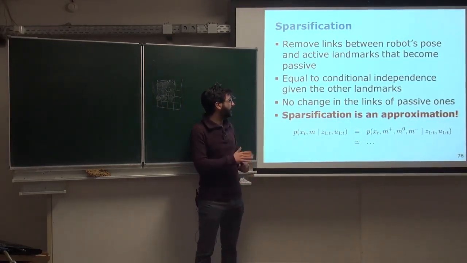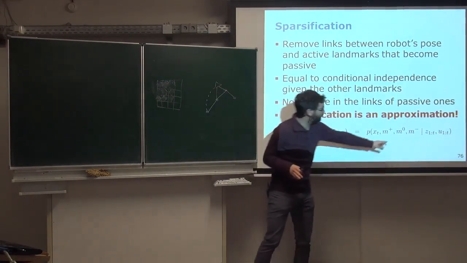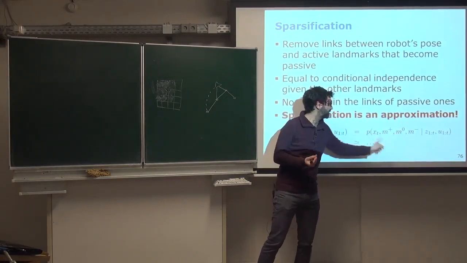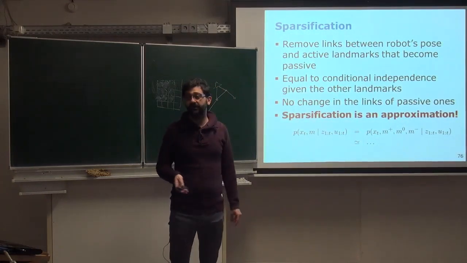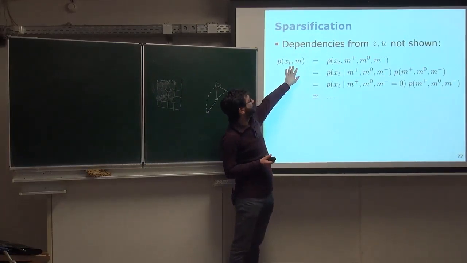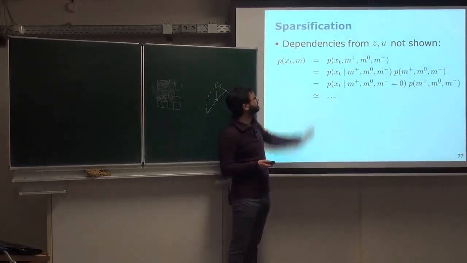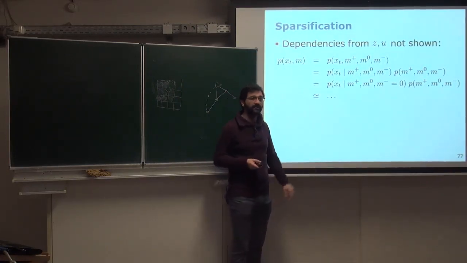There is an approximation that we use, and the concept is we try to enforce conditional independence between these landmarks and the robot pose. If you now see how this influences our distribution, this is our joint distribution, so the pose of the robot and the map, which is the set of all landmarks. Right now I'm removing all z and u just to avoid clutter.